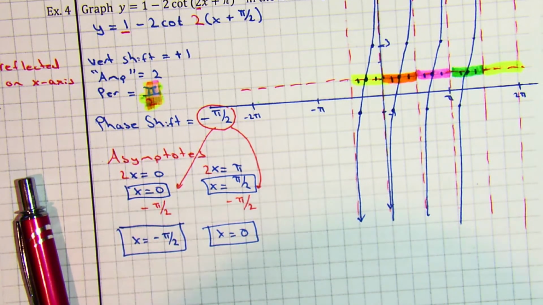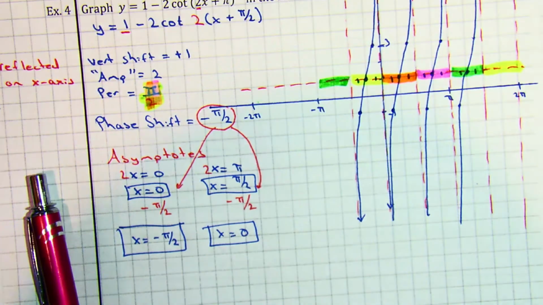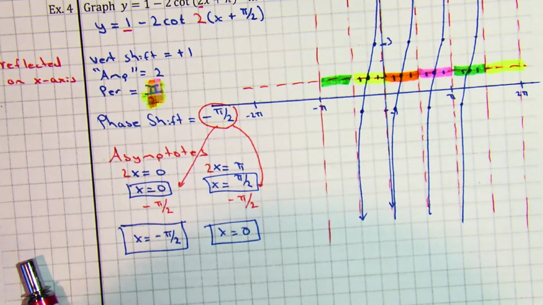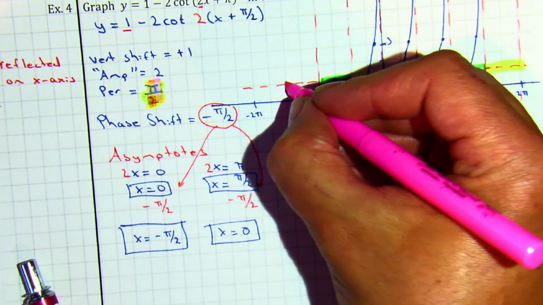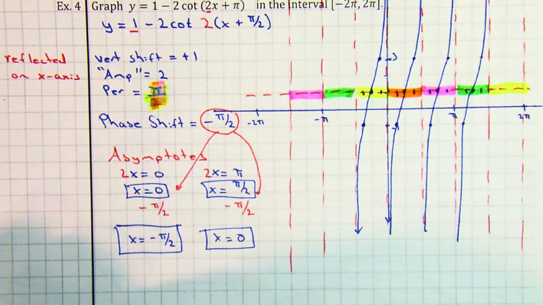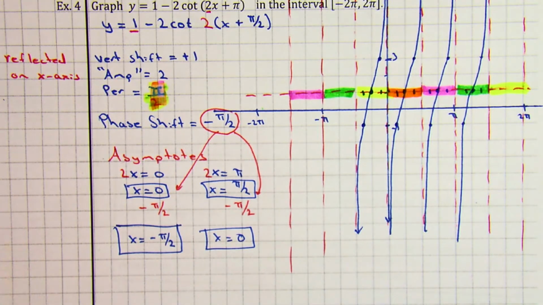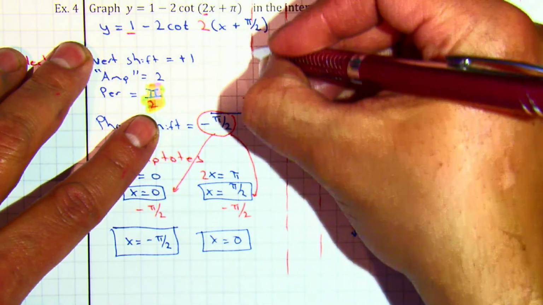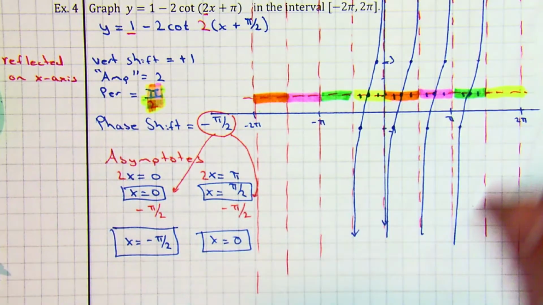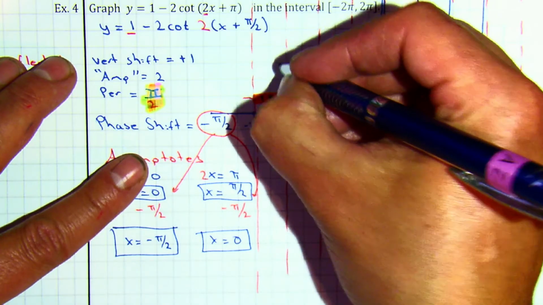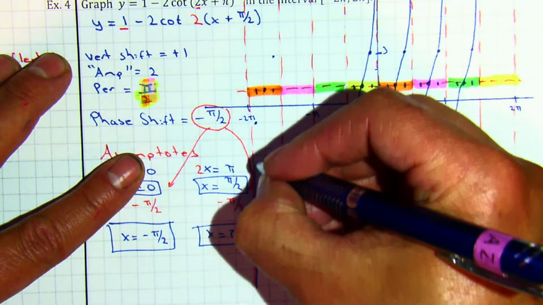I'm just going to graph them all. And the last one. Having 4 sections. A little messy.